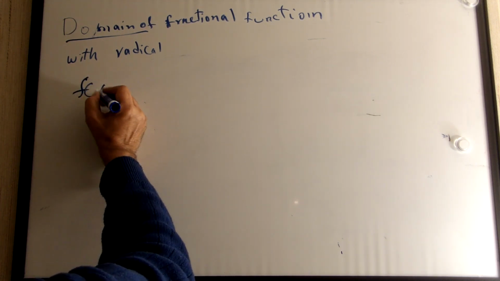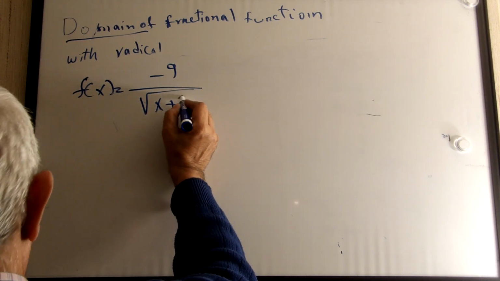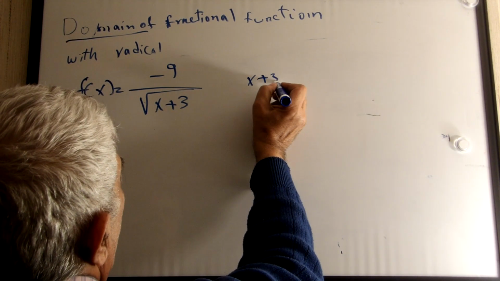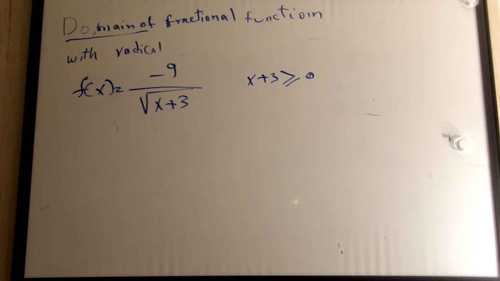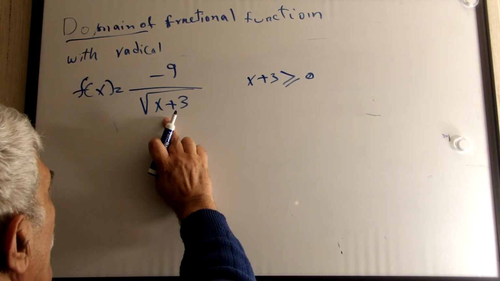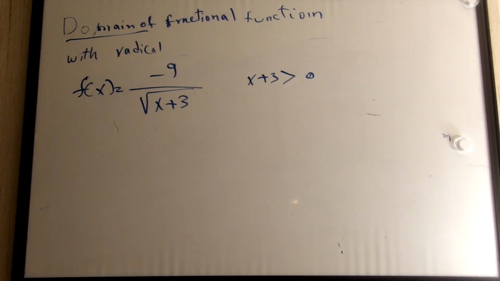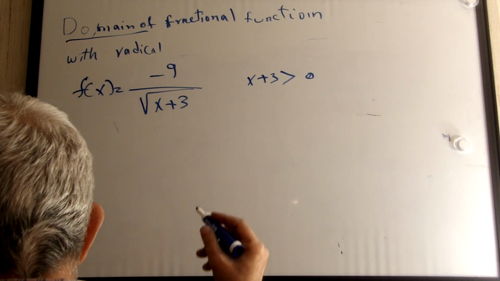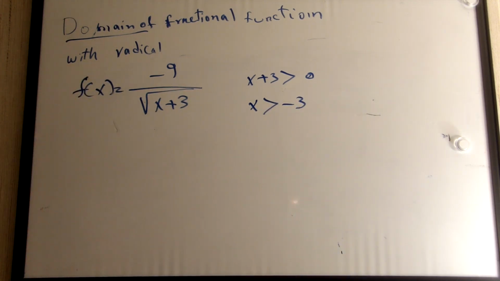f of x is equal to minus 9 over the radical x plus 3. See, we know that x plus 3 has got to be under the radical, so it's got to be greater than or equal to 0, but it's located in the denominator, so it cannot be 0, so it can be only larger than 0. So x is going to be greater than minus 3, okay?